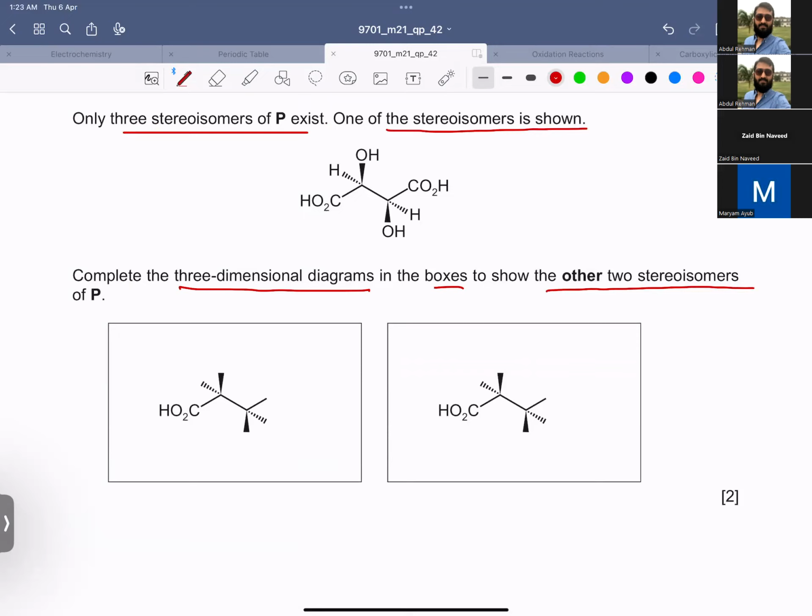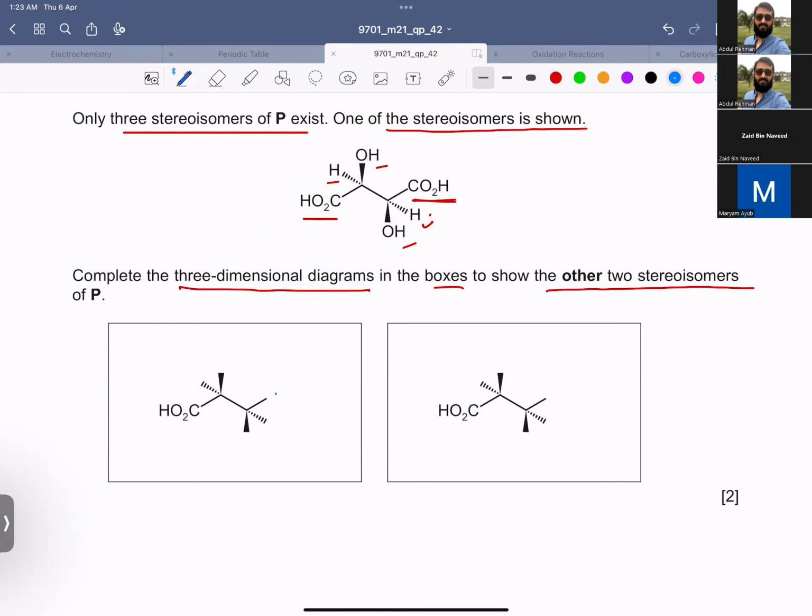Okay. So if you see, they have given you one hint that one carboxylic acid is actually on the plane. And here if you see, both the carboxylic acids are on the plane. And they have not shown you the positions of H and OH on both the carbons.